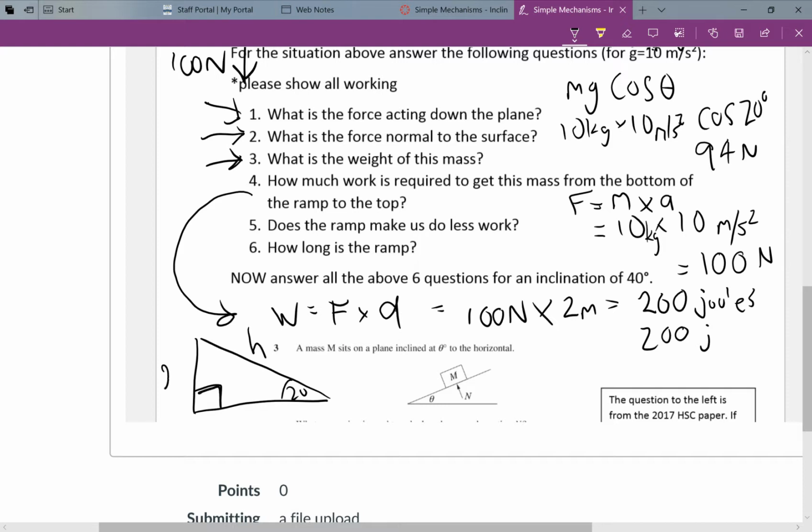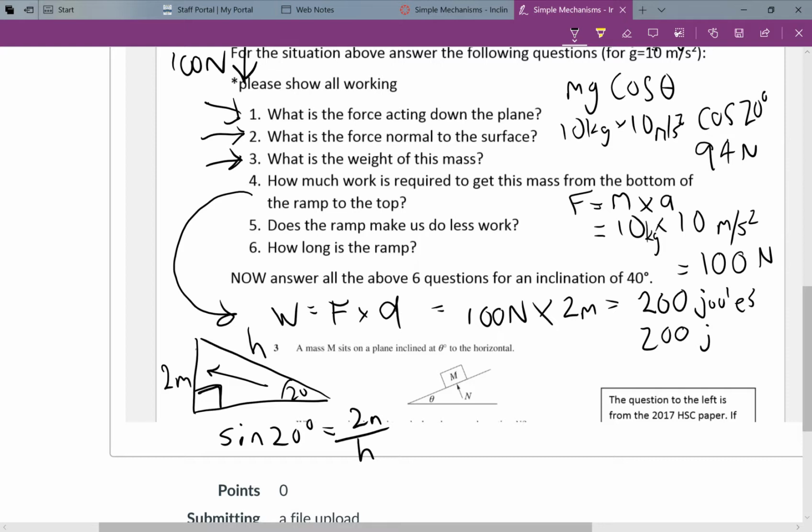We know that this side here is 2 meters, and if we're looking at sine of 20 degrees is equal to, remember SOHCAHTOA, SOH is sine is opposite on hypotenuse, so we end up with 2 meters over h, which is the distance of the ramp, and we change the subject of this formula so we get h by itself.